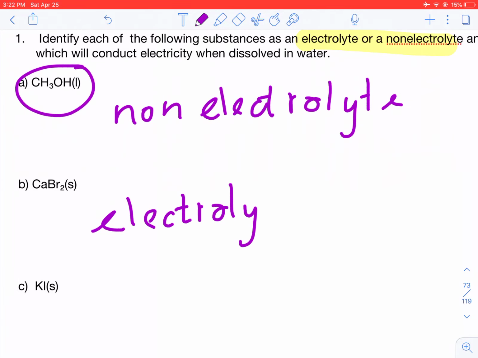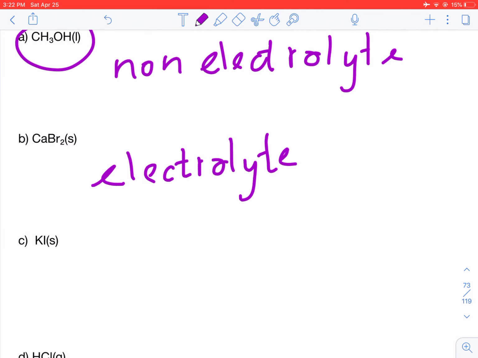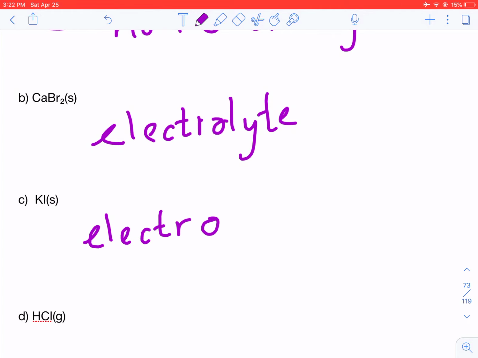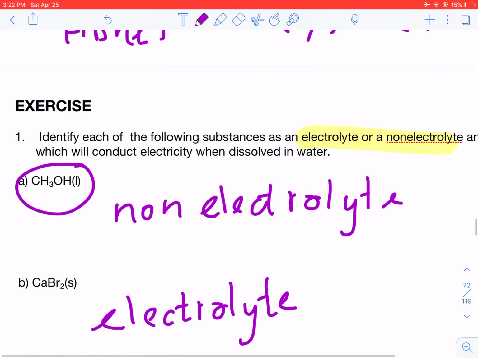Surely you'll have to do that conductivity test, because sometimes some of these ionic substances are not soluble in water. So they may be ionic but they're not soluble, but most of the ones we're dealing with are soluble in water. So here electrolyte, again, because it dissolves and it forms ions, right?